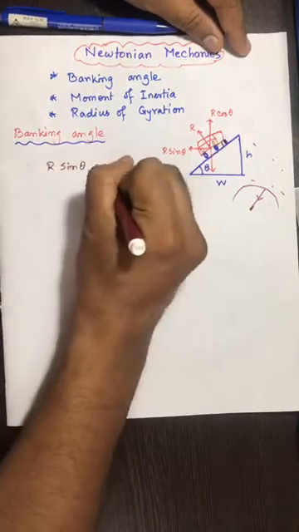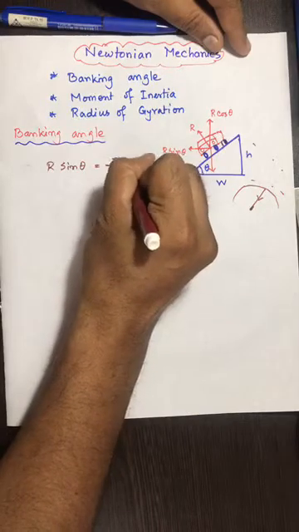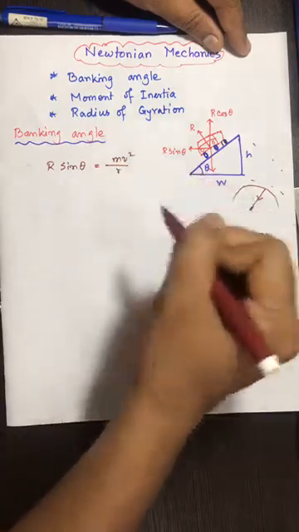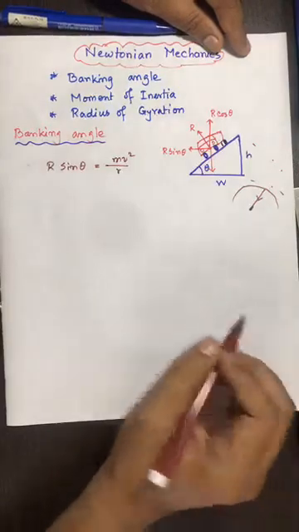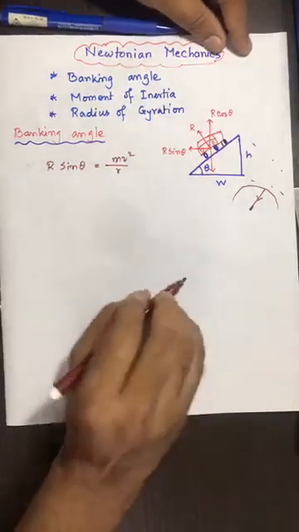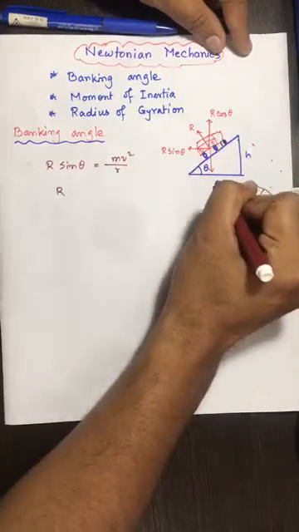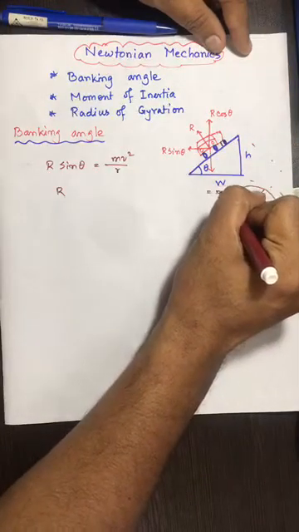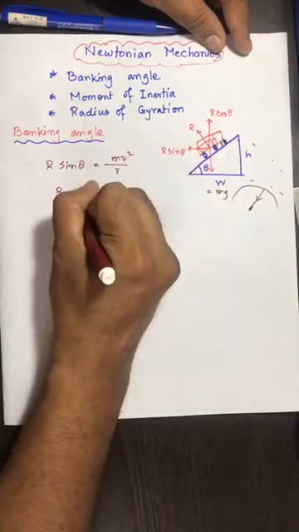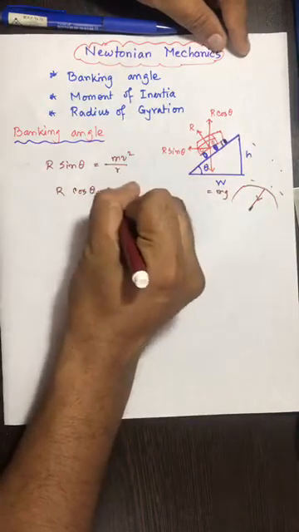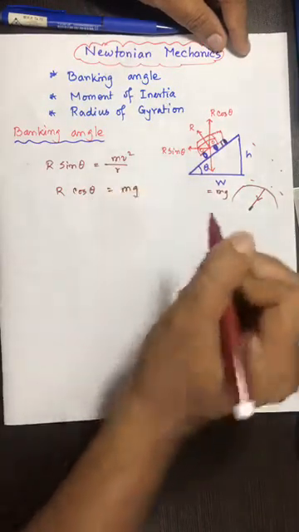Centripetal force, from the formula we know, is mv square by r. F equals mv square by r, the centripetal force formula. And R cos theta is directly related to the weight, W, which we know is mg. So R cos theta equals mg.